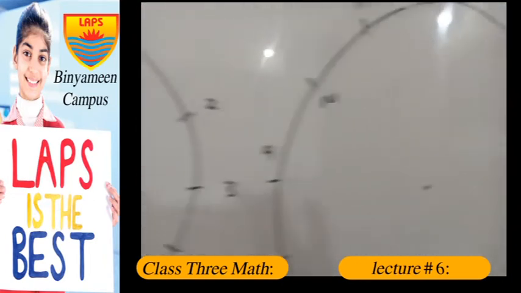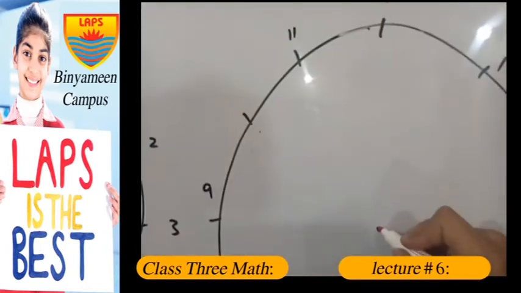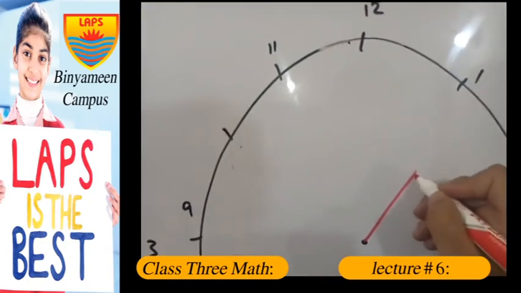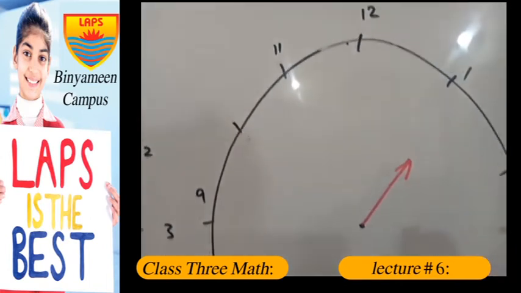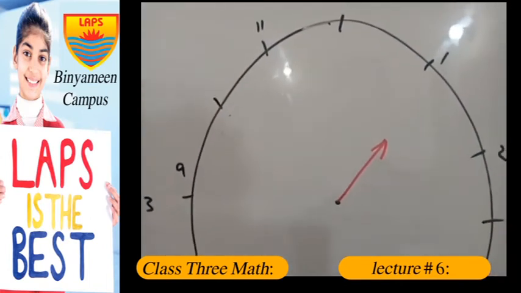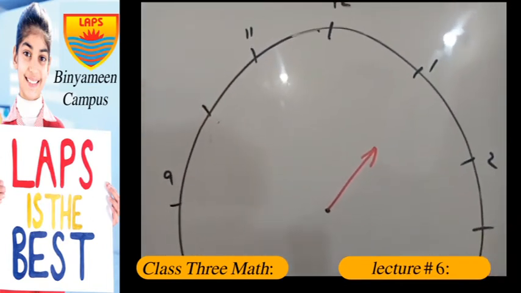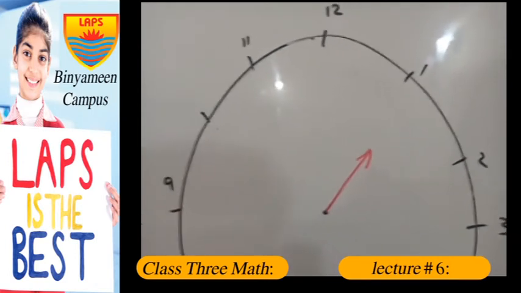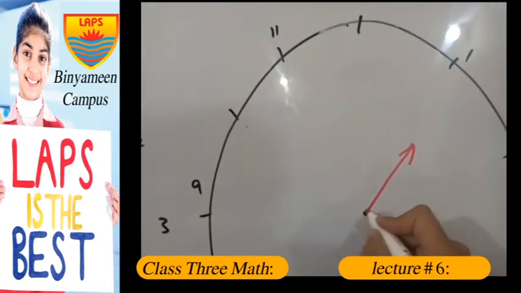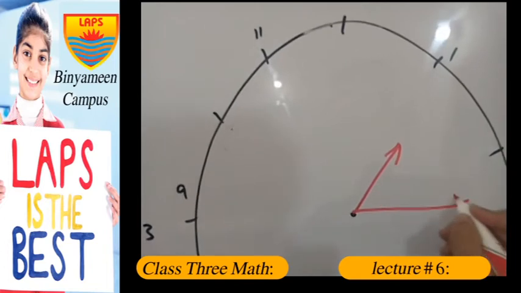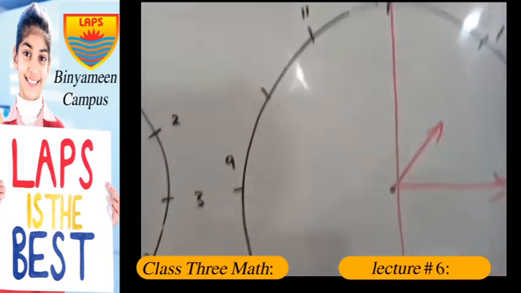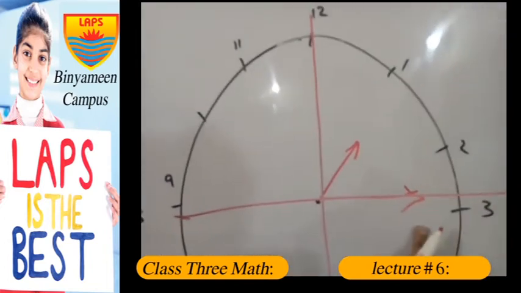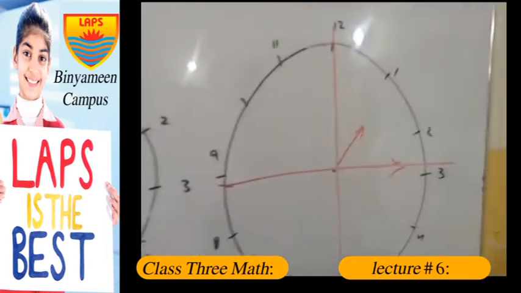Similarly here, if our hour hand is a little bit further from 1, and our minute hand is pointing at 3. Now if we divide the clock into 4 equal parts, 3 and 9 also make quarters.